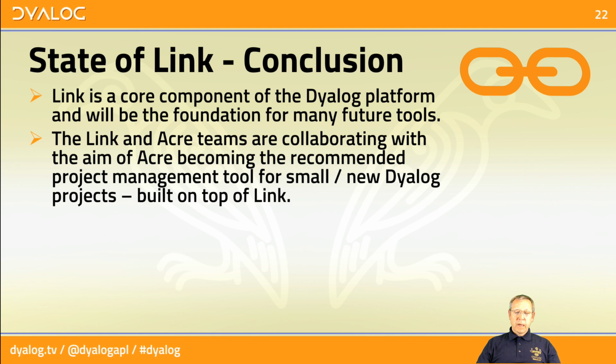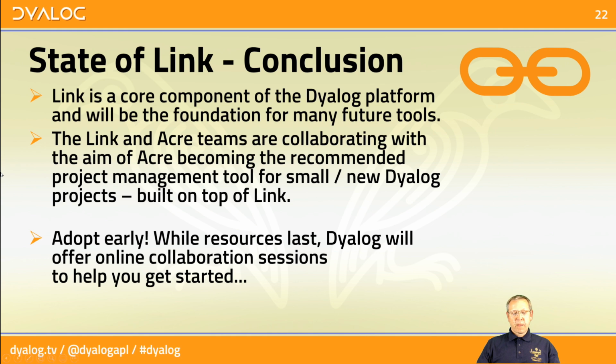The Link and the Acre teams have been working together to agree on standards for file naming and content, and we think Acre is likely to become the recommended project management tool for all new Dyalog projects, at least small ones that don't need integration with other corporate stuff.